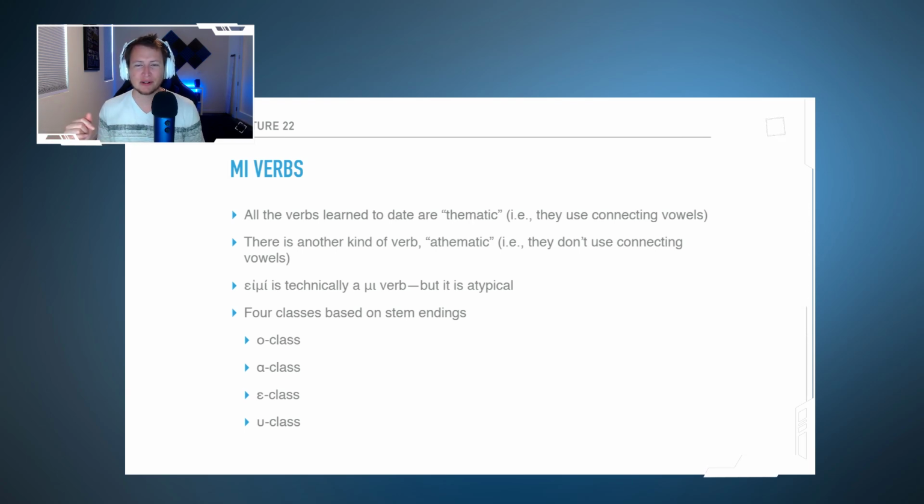And eimi is no different in Greek. Now, there are 4 classes, and it's based on the stem endings: omicron class, alpha class, epsilon class, epsilon class. You don't need to worry about that so much. But yeah, there are different classes.